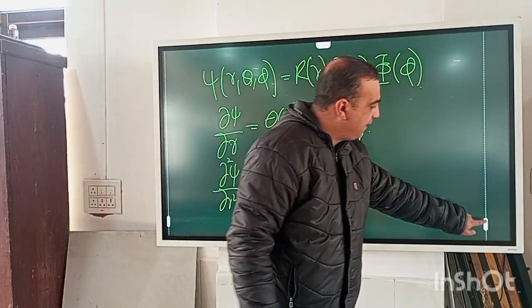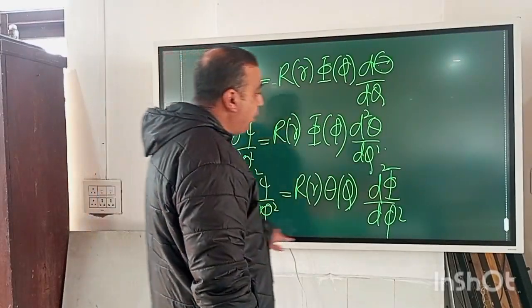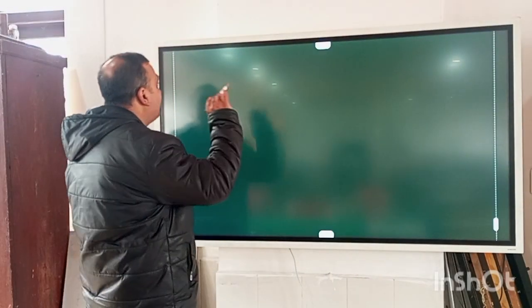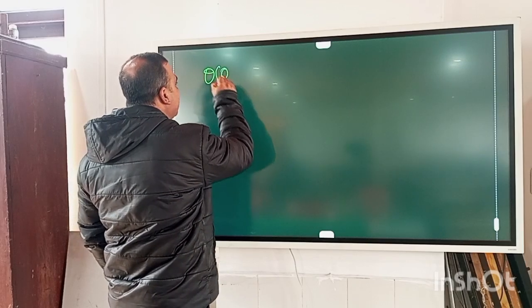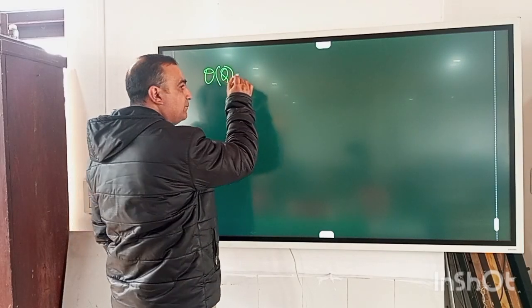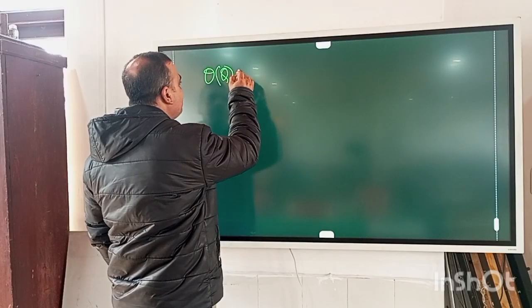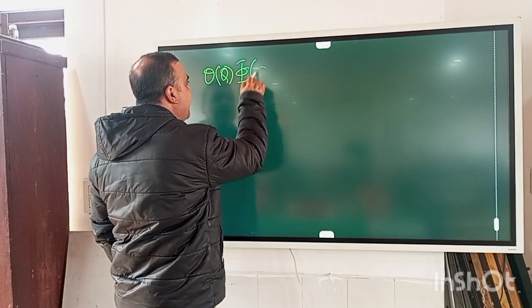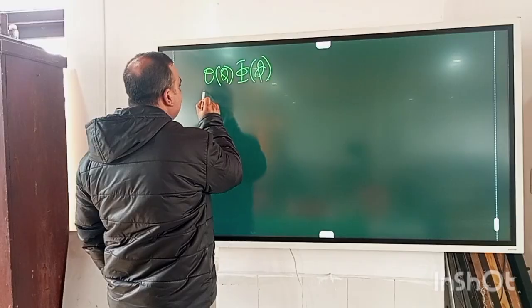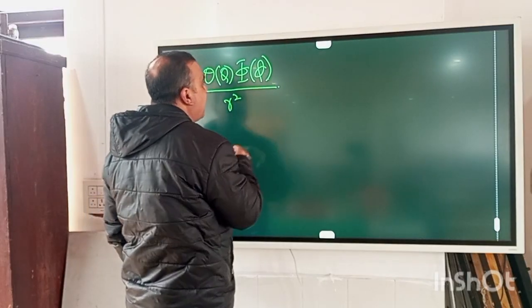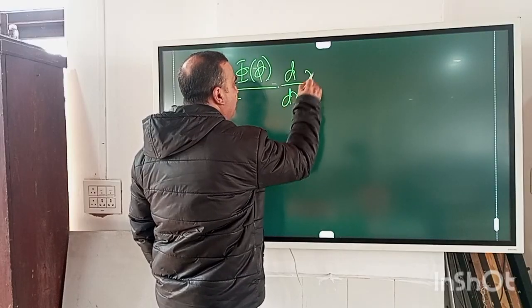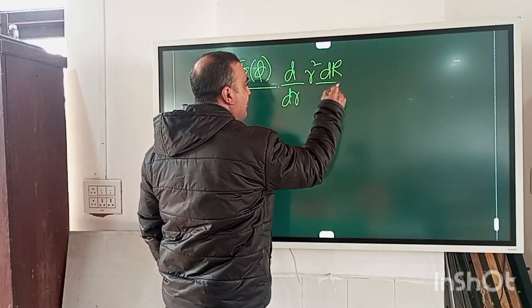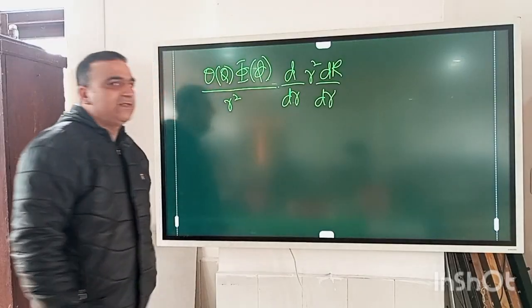So let me directly write it down. On incorporating that, for the r part you have Theta of theta out, Phi of phi out, and in the denominator you have R squared, then d by dr of r squared dR by dr. This will be the first part.